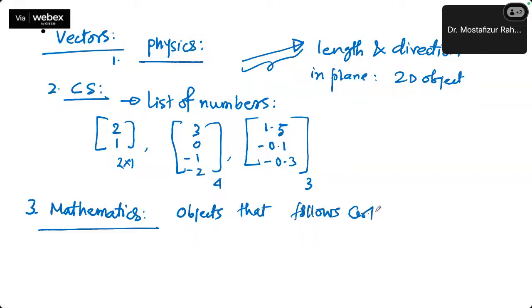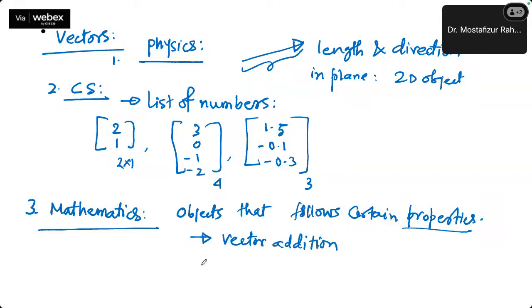We'll look at all these properties in detail later. So what are these properties? There are two important properties. One is called vector addition, and the second one is scalar multiplication.